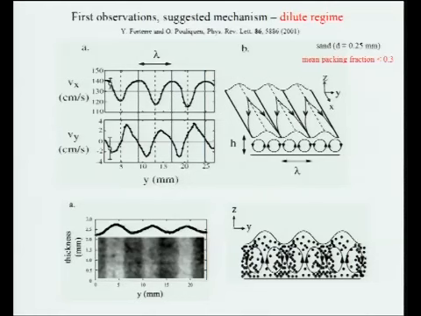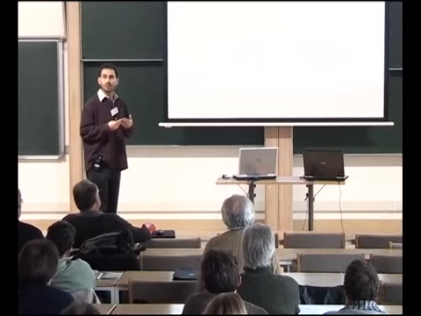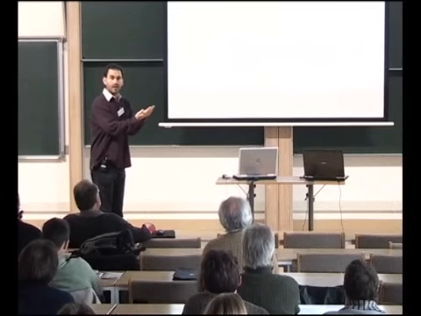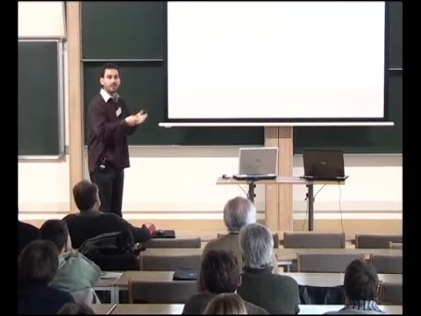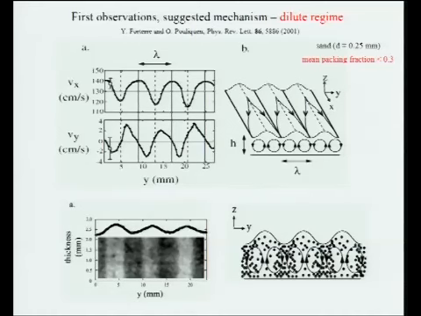But before going there, let me quickly remind you about what happens in the dilute regime, which was nicely explored by Olivier in this work. So here, the mean packing fraction of the flow is below 0.3, which is quite dilute. And already before the instability, there is a variation of the density in the flow, so that near the plane you get the lowest density, and on the surface you have the highest density.